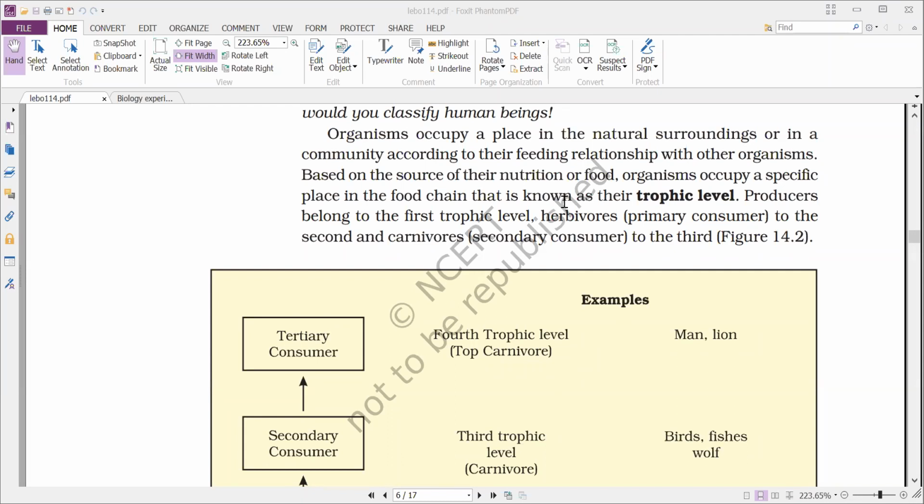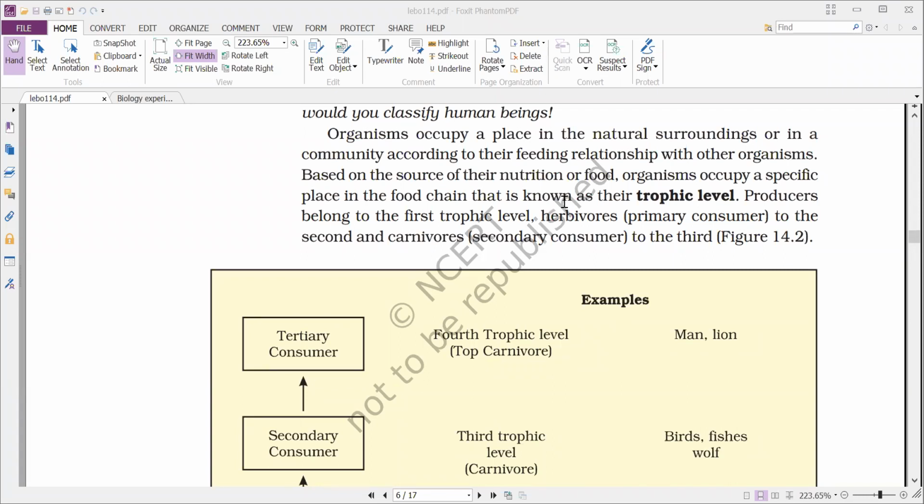For example, if you observe the plants, all the plants are able to perform photosynthesis and prepare their own food material. Such organisms we call autotrophs, and in ecological terms we call them producers. If you take one ecosystem, in that ecosystem we'll find different types of plants.